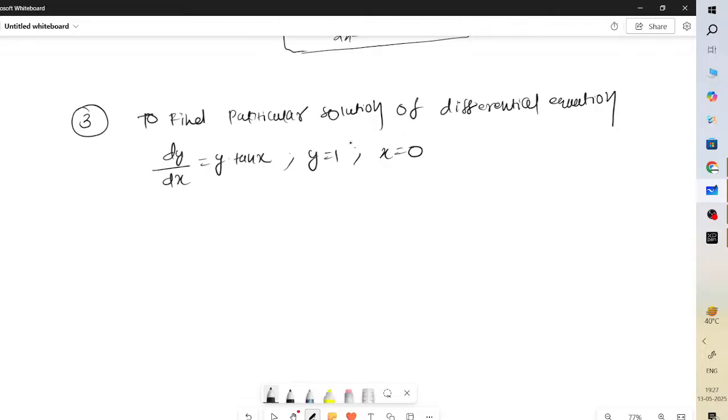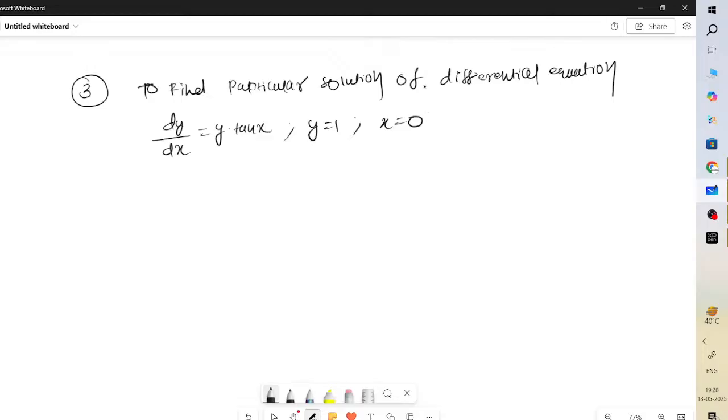Okay, just listen clearly, focus on the solution, how I am doing it, and then you can note it later on. So we are given dy by dx equals y times tan x.